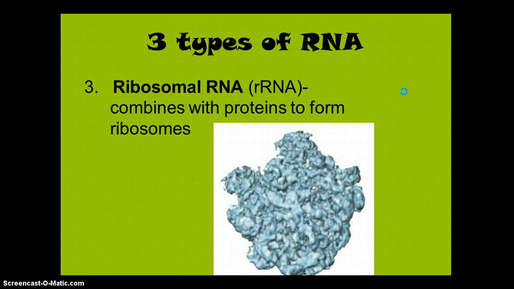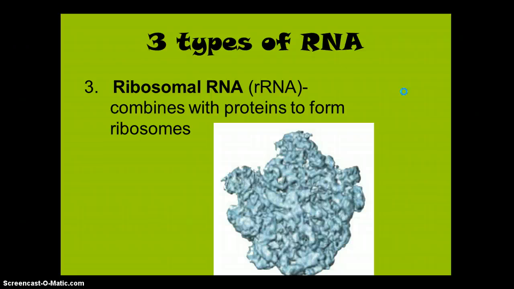We also have ribosomal RNA, and this is the easiest one to remember, rRNA, because just like it says, ribosomal, all it is is a ribosome, okay? Ribosomal RNA is just RNA that combines with proteins to form ribosomes.